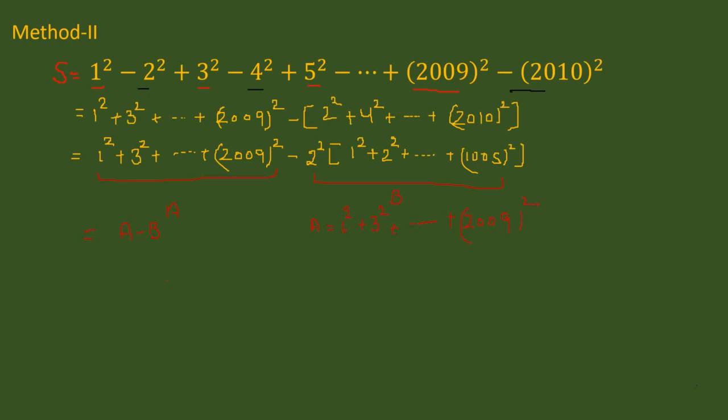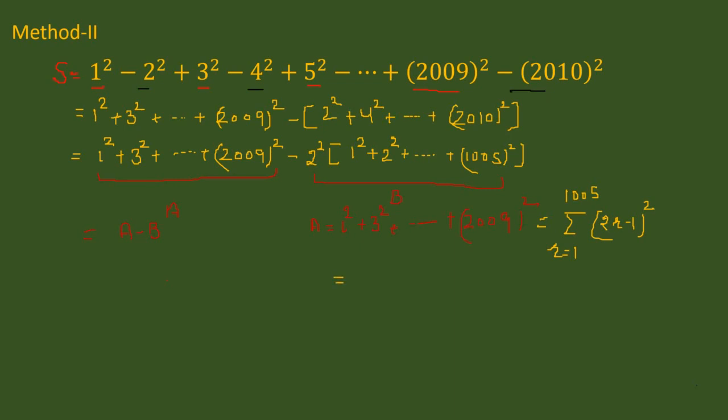You can write this quantity in summation form also: the summation runs from 1 to 1005 of (2r minus 1) whole square.